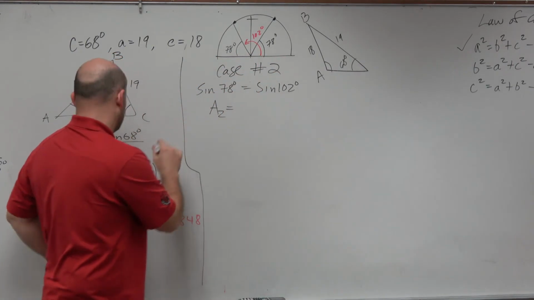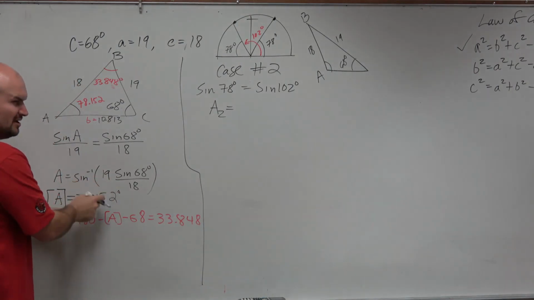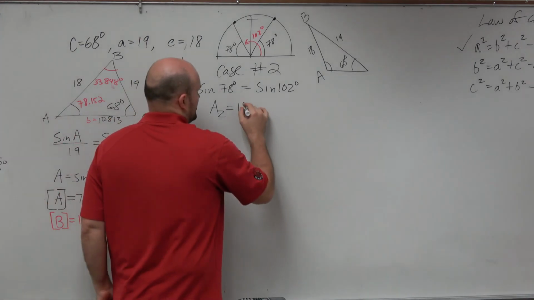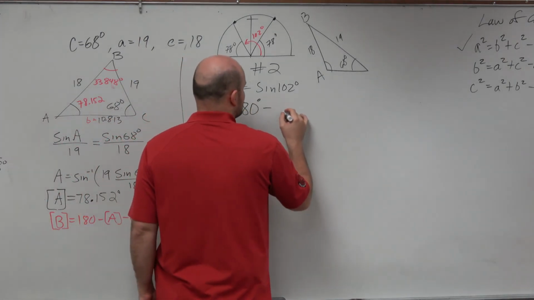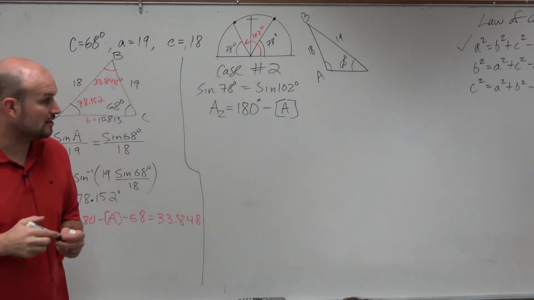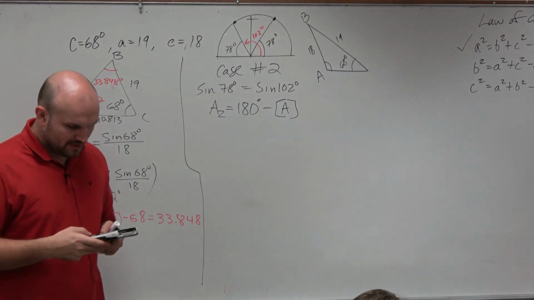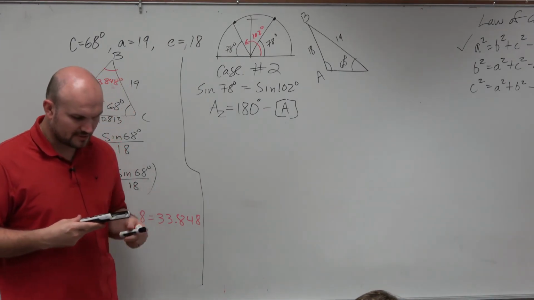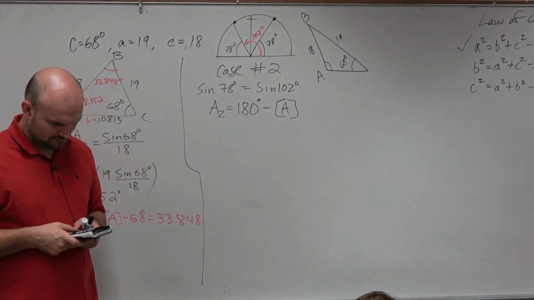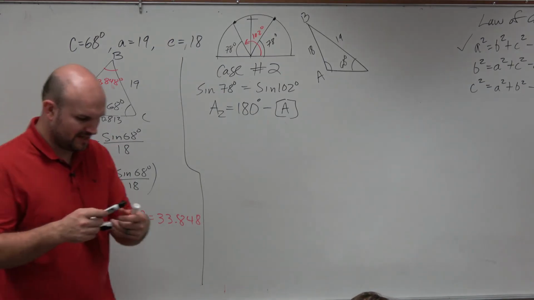So now, rather than estimating, we don't want to do that. We want to take 180 degrees minus the A that we stored. So now I'm going to do 180 minus alpha A, and I get 101.848.